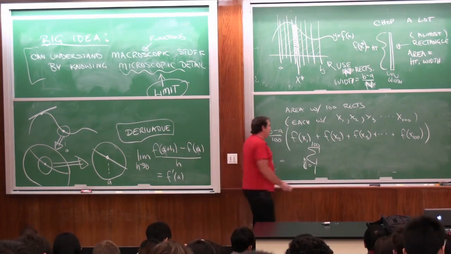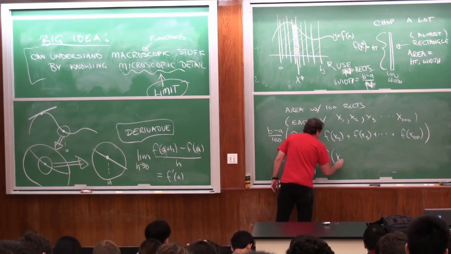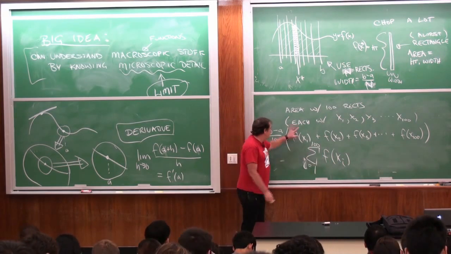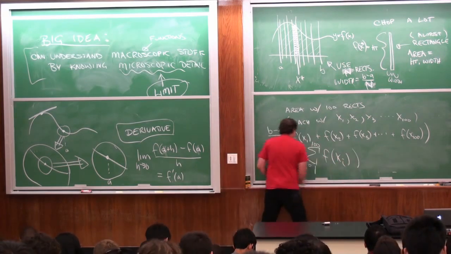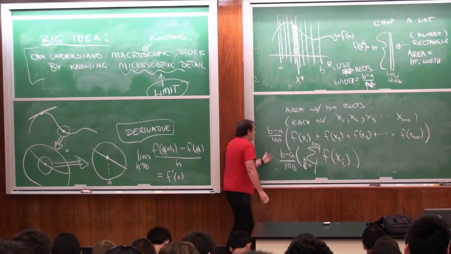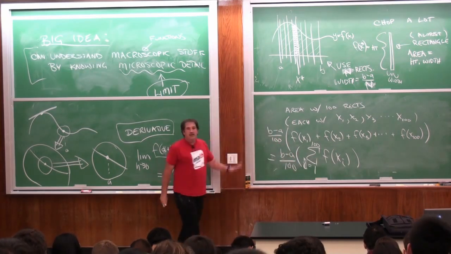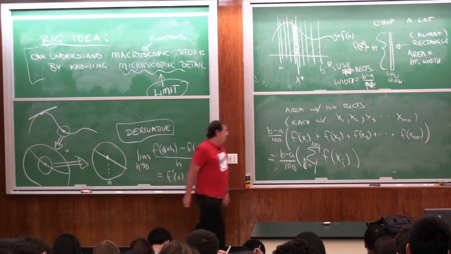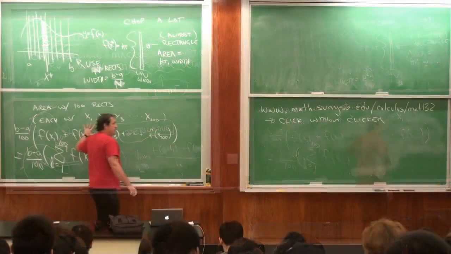And what are we going to add up? We're going to add up f of x sub i. So this notation means exactly what is in the parentheses. These are exactly the same thing. There's no math here, there's only notation.